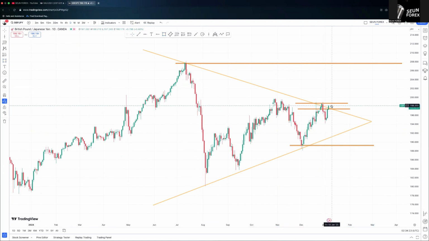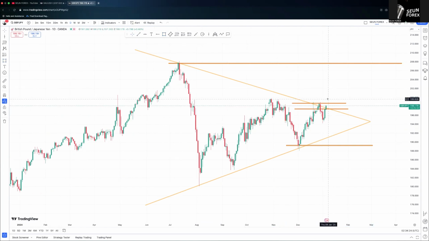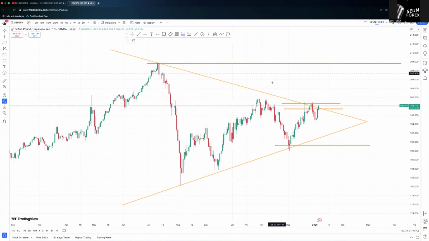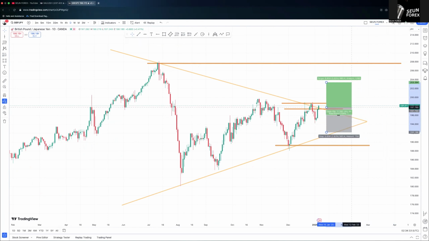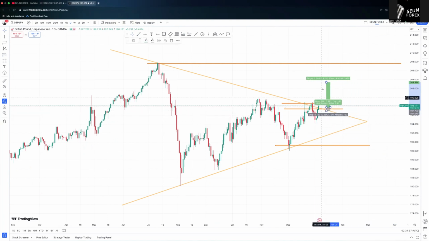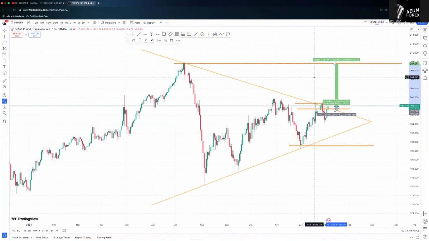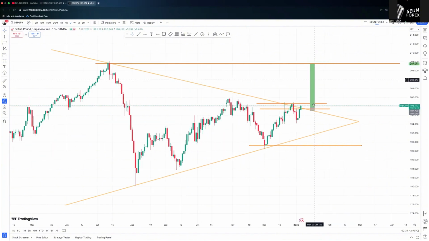Imagine the market comes back to this key level and retests, and the bullish movement starts. This is January, which means that when the bullish movement starts, it's going to take a long period of time. Imagine 750 pips, and this is 970 pips on GBPJPY, and that was a lot, a lot, a lot.